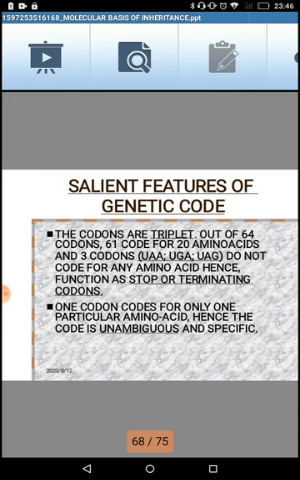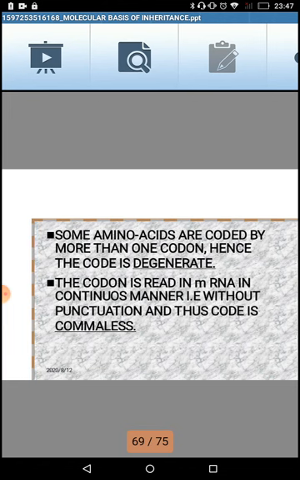Second point, one codon codes for only one particular amino acid. Hence, the code is unambiguous and specific. Next one, some amino acids are coded by more than one codon. Hence, the code is degenerate.